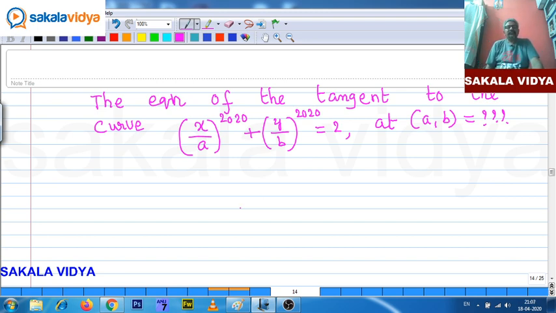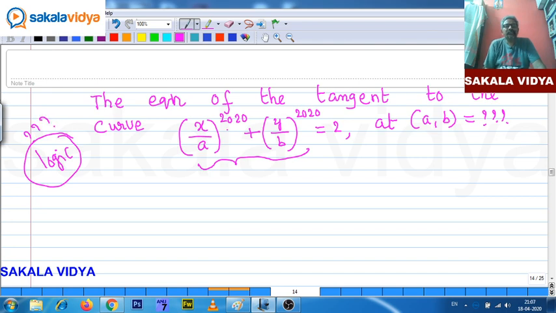Okay, very simple. This problem seems to be very lengthy. Here one logic you follow, this is the magic or logic. This 20 I will write like this: x by a into (x by a) whole to the power of 2019.